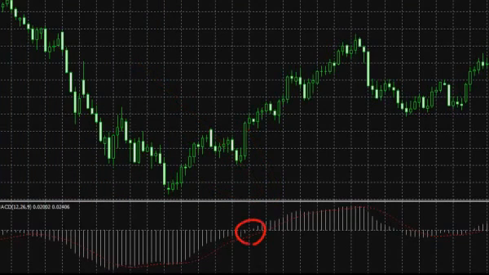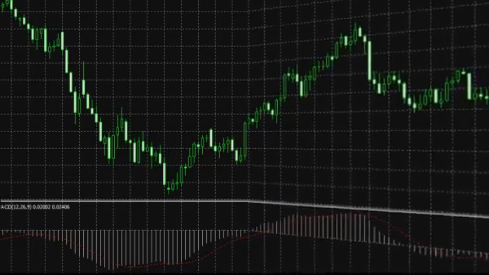In such a way, the histogram crossing of the zero level gives the trader a signal about the balance of forces changing on the market. The histogram transition from a negative zone can signal that the bearish, that means downgoing, trend is over and the bullish one gathers pace, in other words, an upgoing trend.